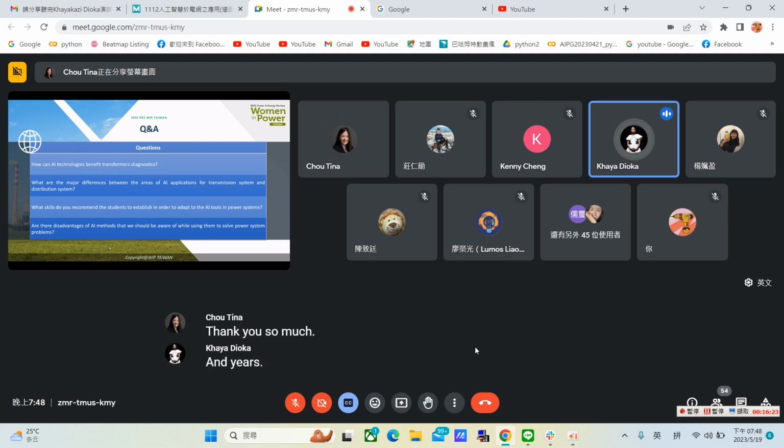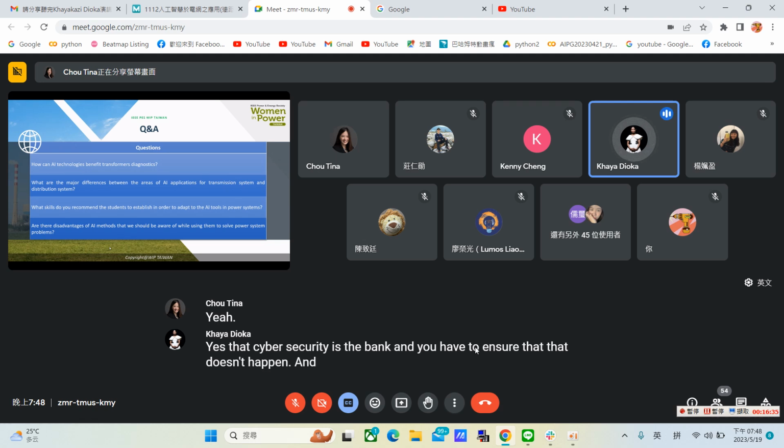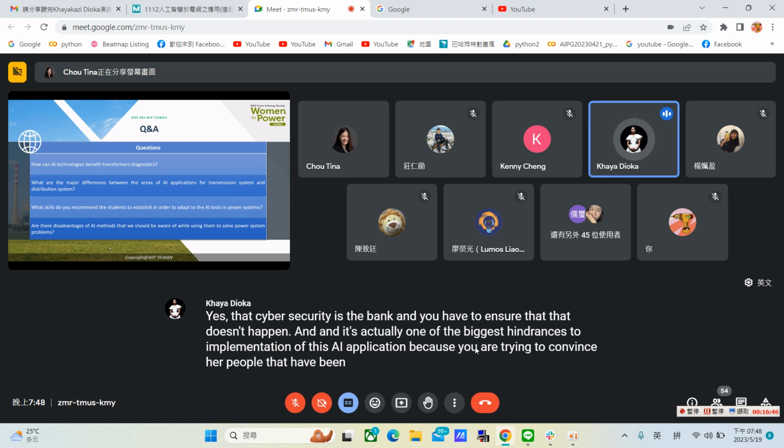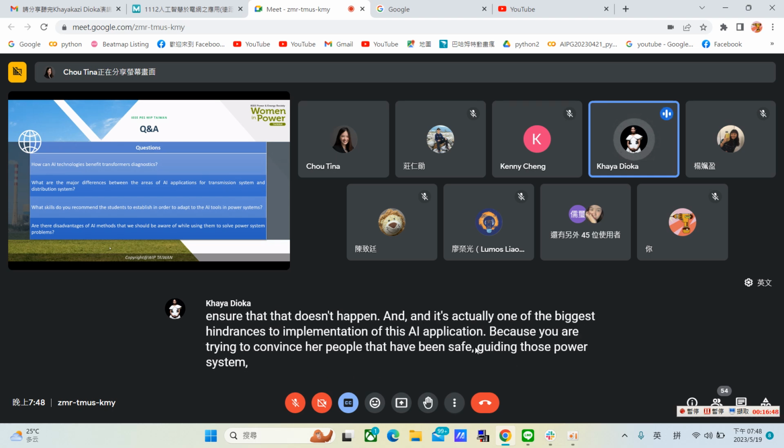Yes, there are actually lots, and I think I have mentioned cybersecurity. It's the biggest one. You have to ensure that that doesn't happen. It's actually one of the biggest hindrances to implementation of these AI applications, because you are trying to convince people that have been safeguarding those power systems, and think it's robust and nobody else can get into it, and then you are just opening it up.